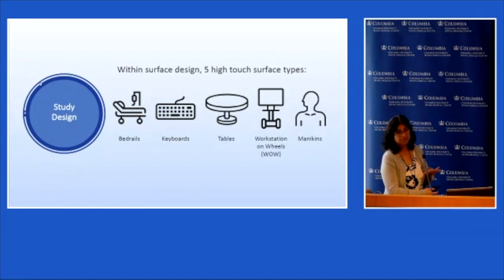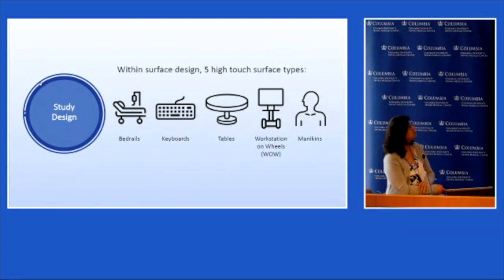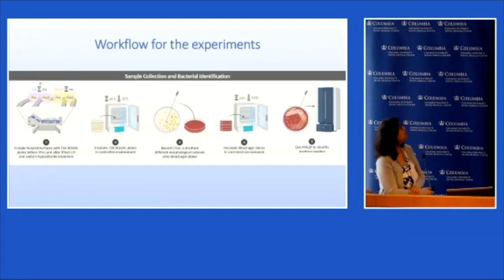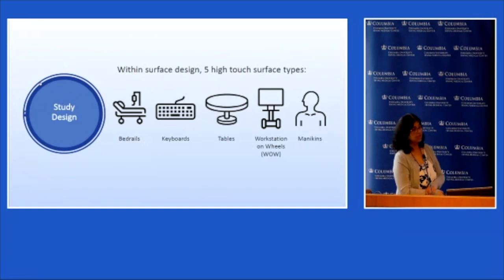We chose 5 different high-touch surfaces, both within and outside the patient room. Some are hard surfaces, such as the bed rails, the keyboards for the nurse's station, tables, and workstation on wheels. However, we purposefully chose a soft surface, such as the mannequins, to see the difference in the efficacy of the device.